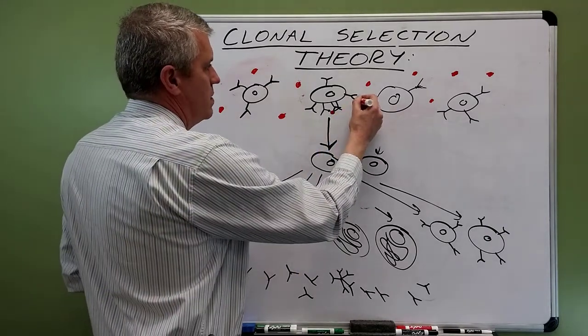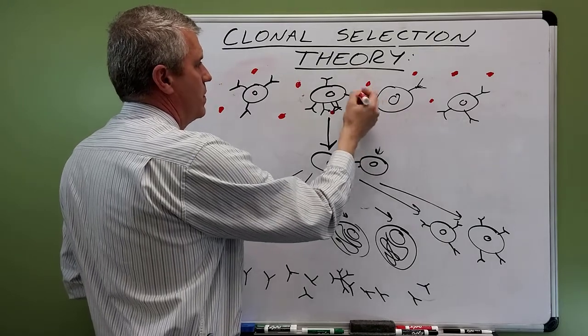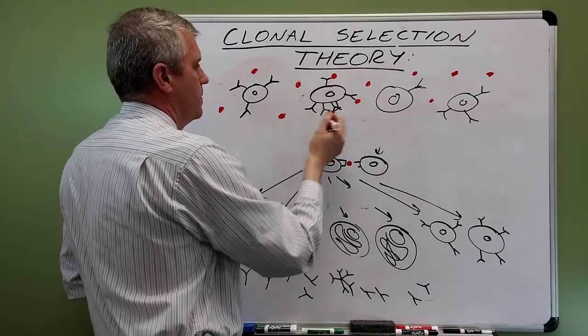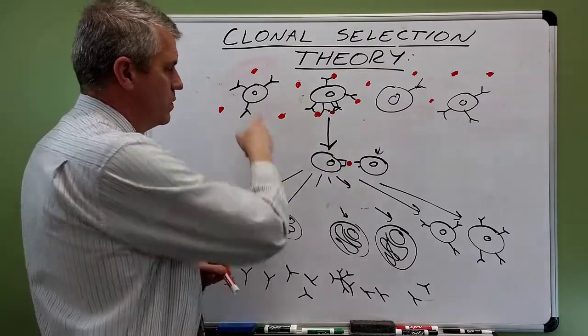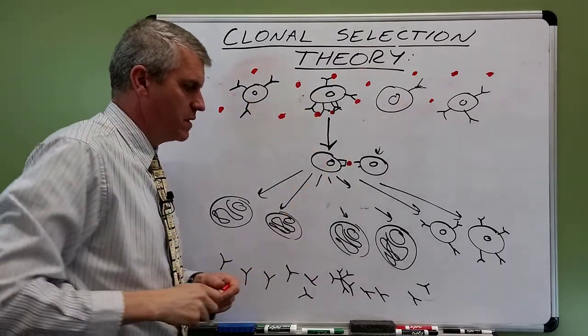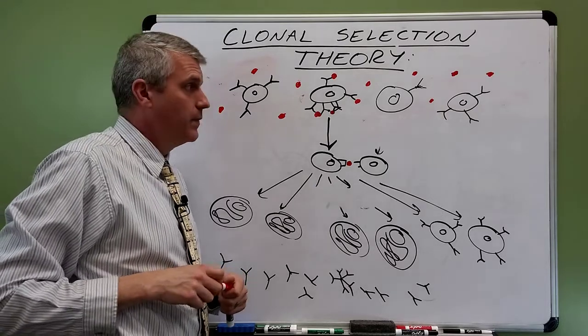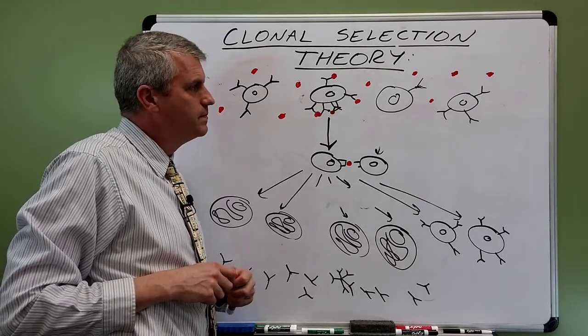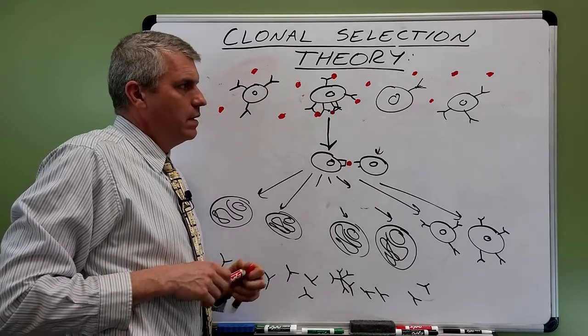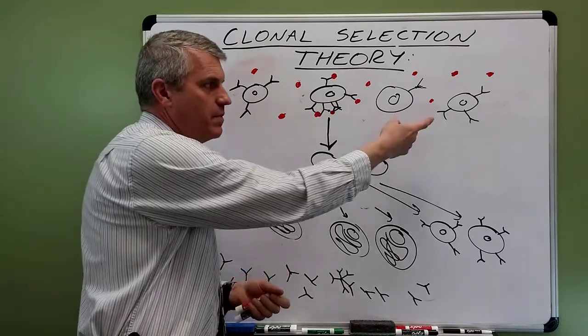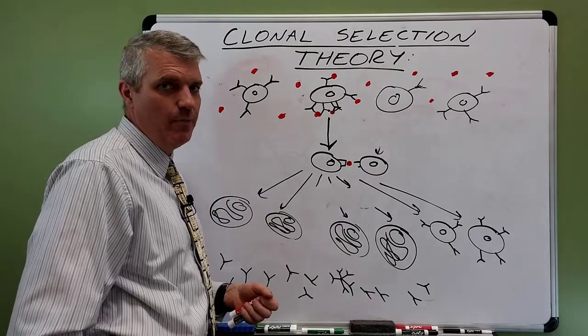What's going on in this first step up here? Why did I draw these 4 lymphocytes, and what do they really represent? And what's happening? I drew 4 of them because I didn't have room to draw billions.